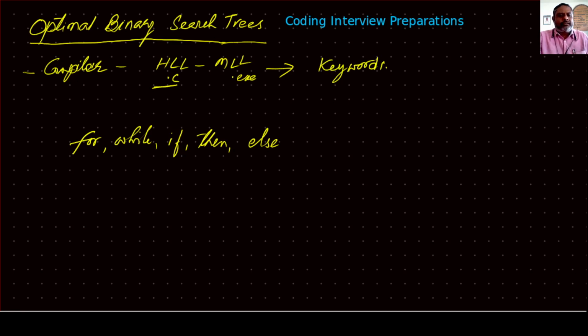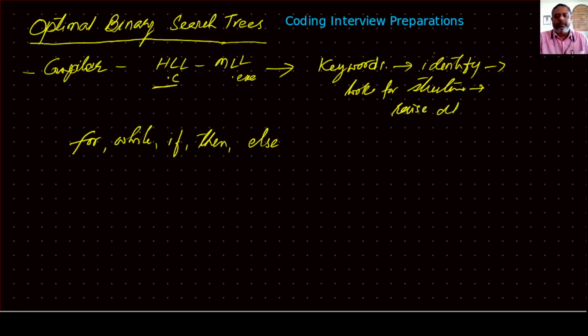So the first priority of any compiler is to identify these keywords and then look for their structure, and if there is any flaw in the arrangement of the keywords, then we raise an alarm, which is what we call syntax error.